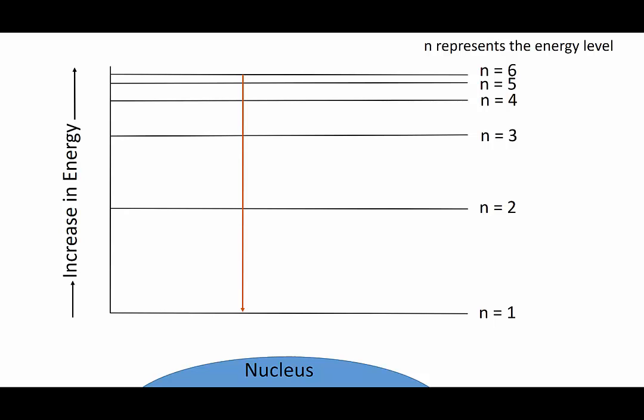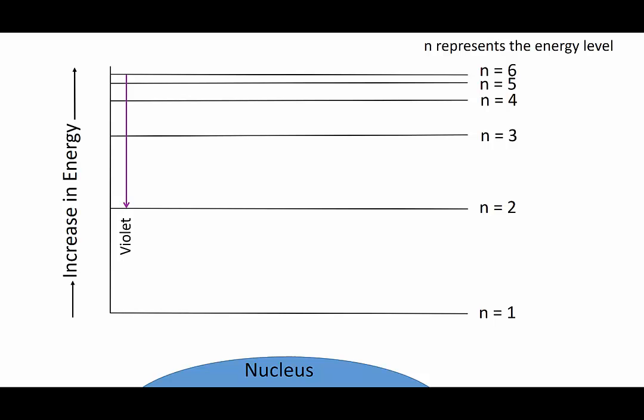Now, as it does jump down those steps, do realize that it is spitting out a specific amount of energy. And so if an electron does jump from level 6 down to level 2, Bohr has designed his model such that that jump gives you violet light. So it matches the energy of violet light.